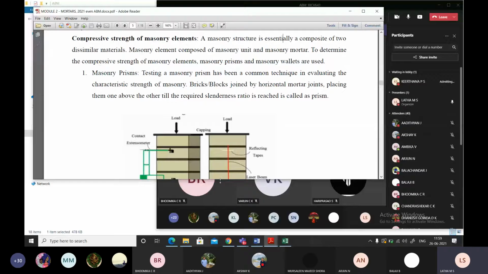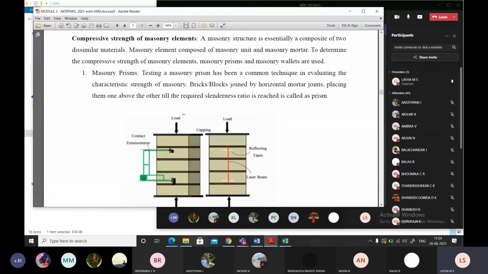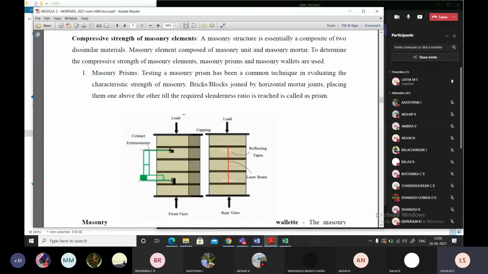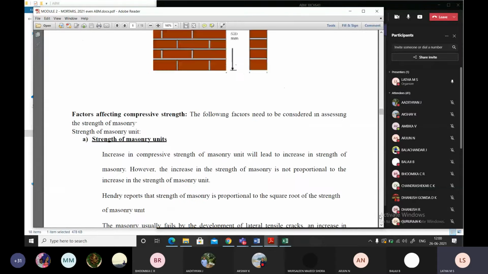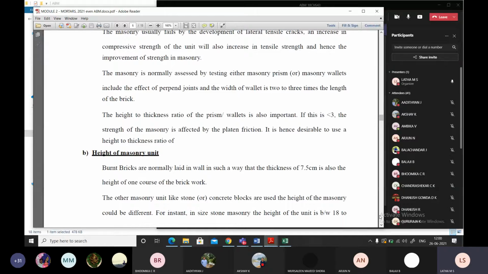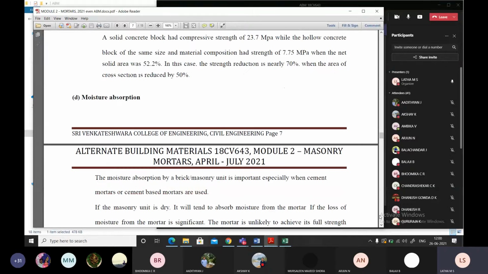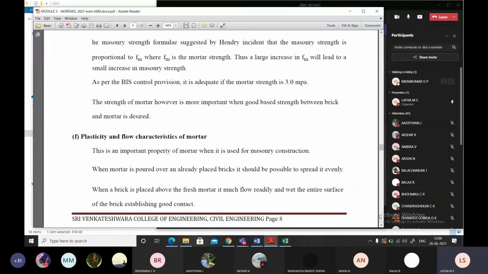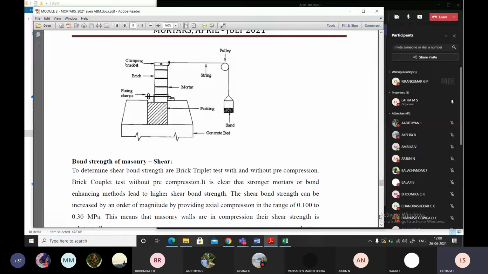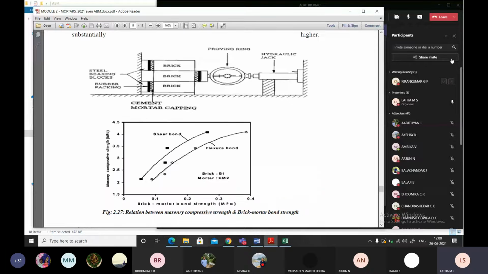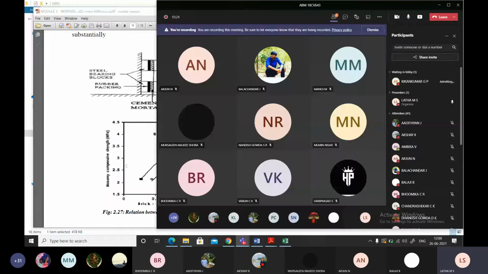What are the prisms you will be using? Prisms and wallets. Then you will be learning about the factors affecting the compressive strength, which is very important. Then you will be talking about the tests performed to determine the flexure and shear. Did you understand the portion for the second module?